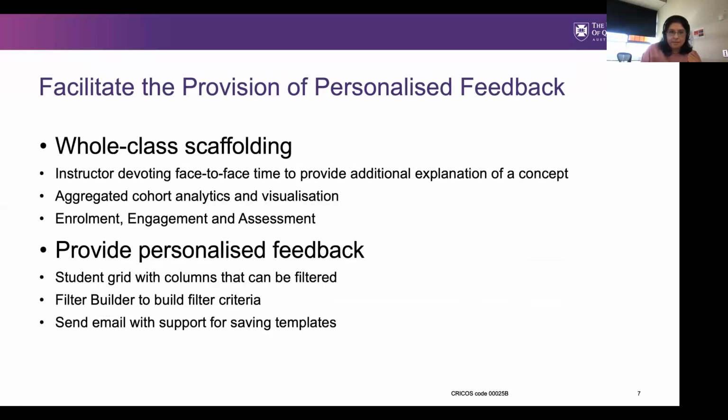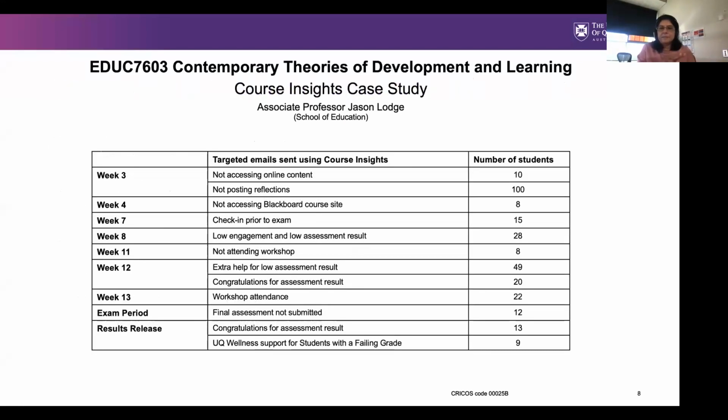A little bit of a case study right now. So this is from Associate Professor Jason Lodge. He's actually been probably our biggest user of Course Insights. So he actively engages with the tool, and then at different weeks, he uses it to send out different types of emails.